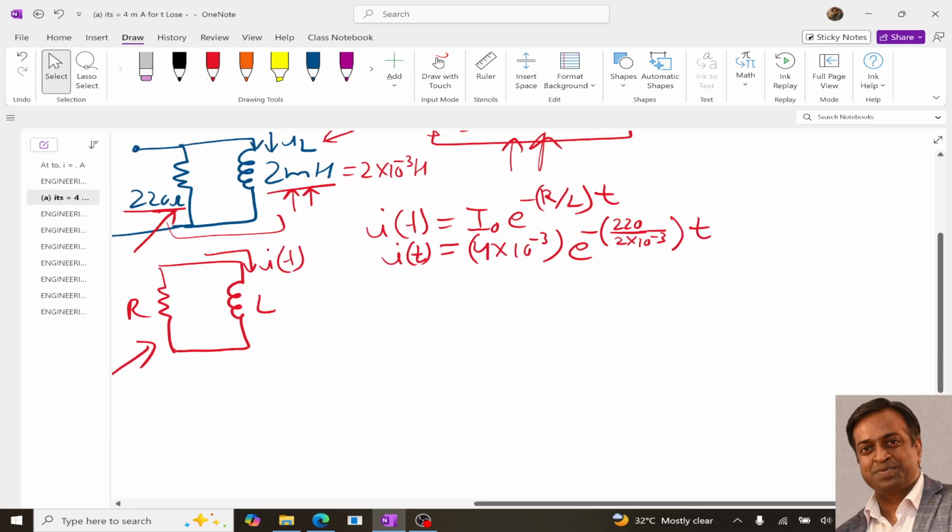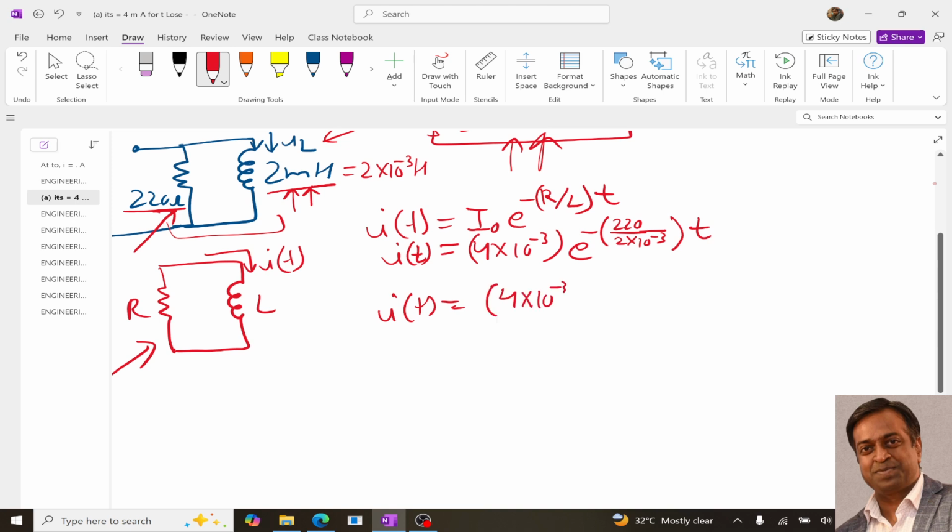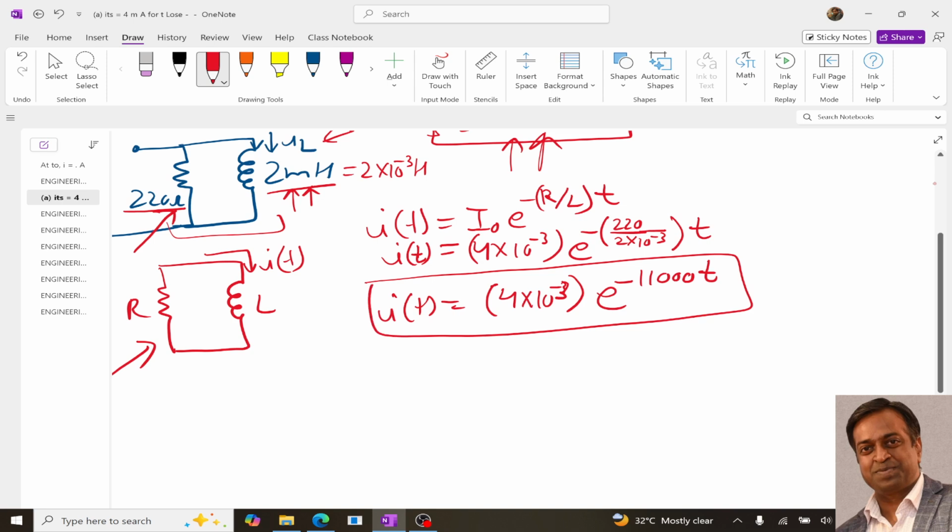Now solving this, simply we will get I(t) equals 4 into 10 power minus 3 e power minus this. So this is the expression of the current that is going to flow through this inductor, I(t), and slowly this current is going to decay as represented by this exponential decay function.